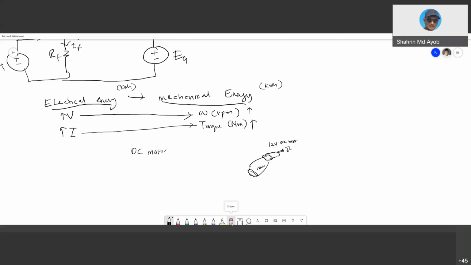But when you connect the very heavy remote controller vehicle tire to the shaft, the rotation will be slower.